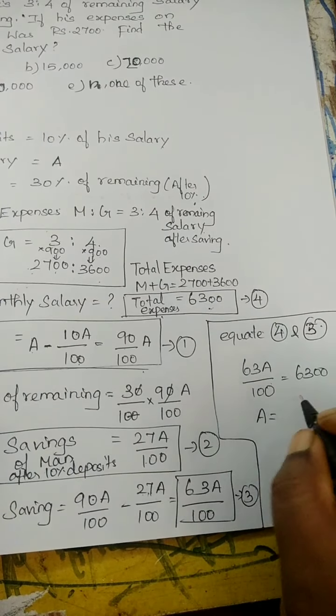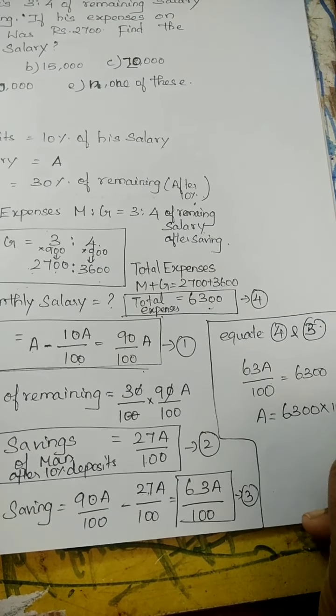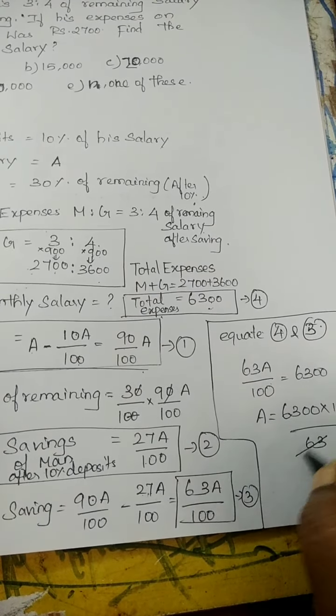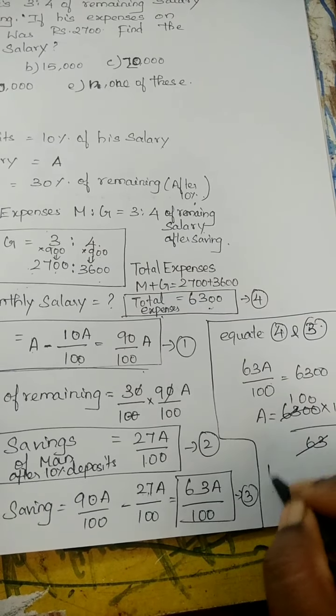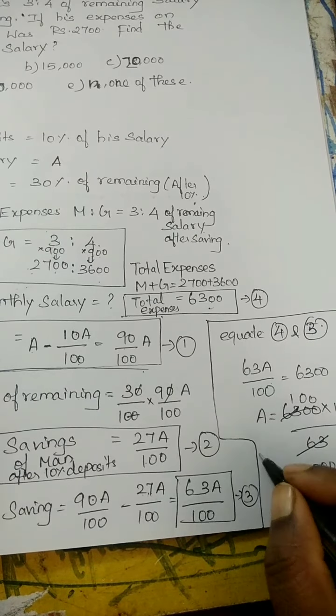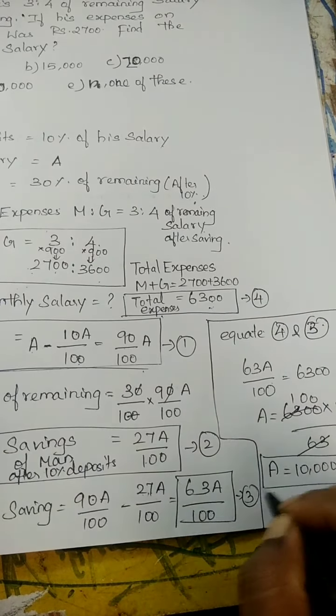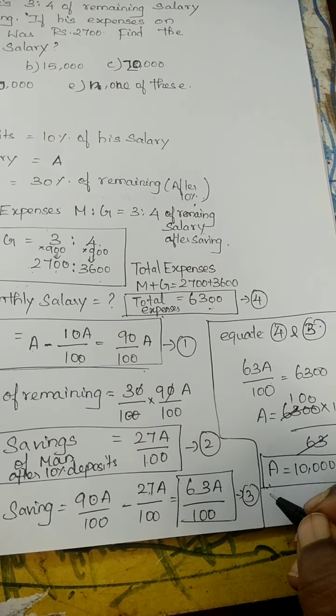Keep A as itself. 6300 into 100 divided by 63. 63 cancelled. 100. So A is 10,000. A is 10,000, the monthly salary.